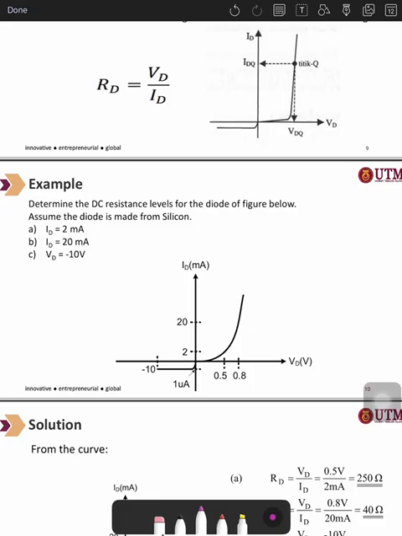We know the formula V is equal to IR. In order to get the resistance, you have to find VDQ and IDQ. For the first question, when your ID is 2 milliampere, what is your VD?